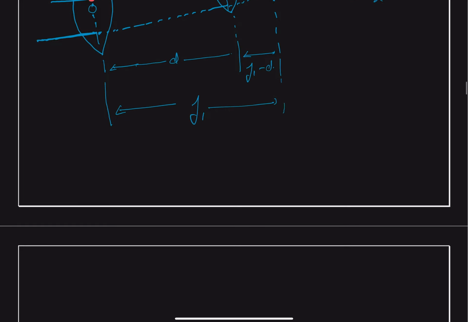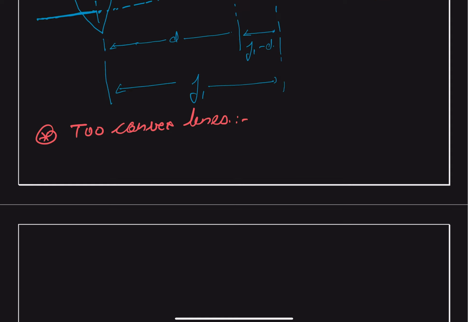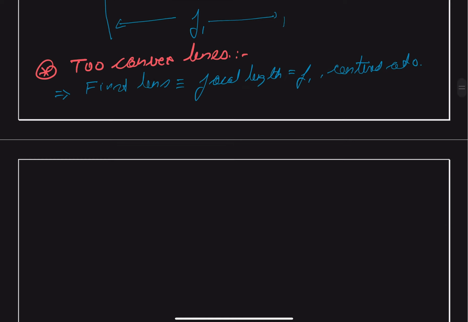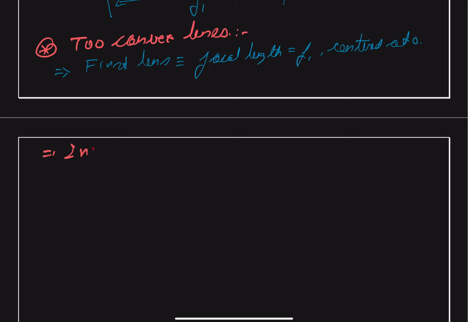So we have two convex lenses. The first lens has a focal length of f1, and it is centered at O. Now we have a second lens, and let us suppose its focal length is f2, and it is placed at a distance d from the first one.